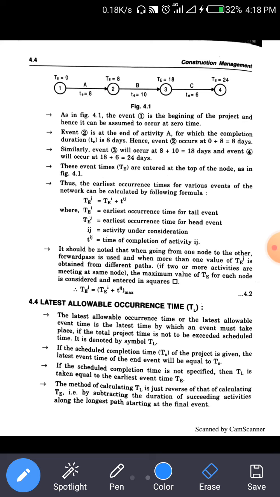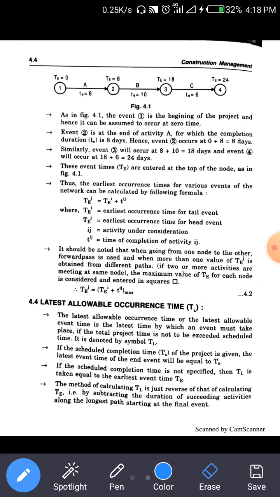The latest allowable event time is the latest time by which an event must take place if the total project time is not to exceed the scheduled time. It is denoted by TL.